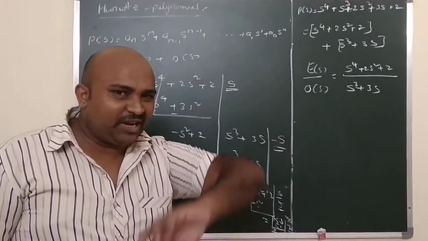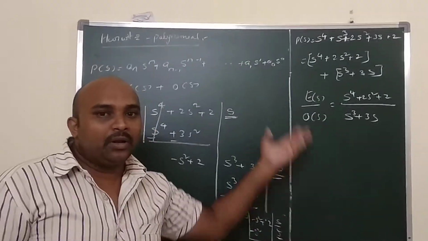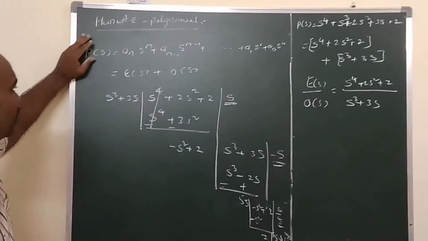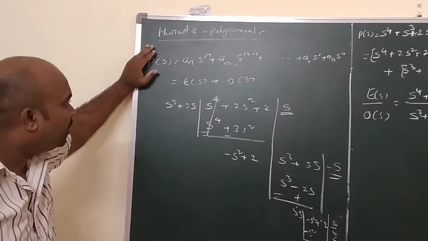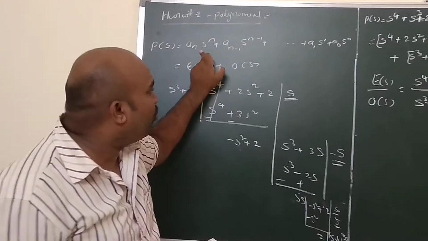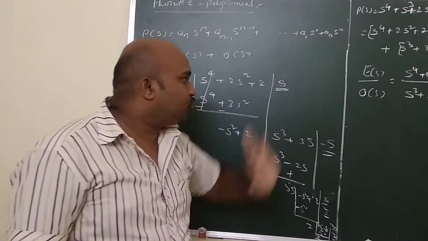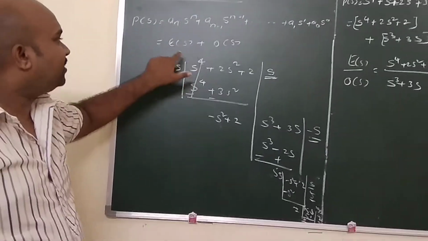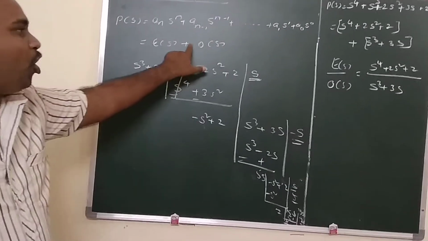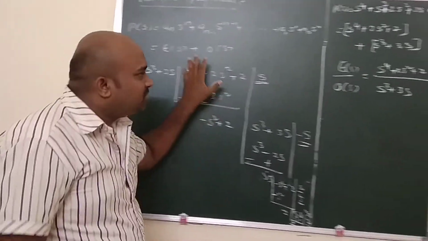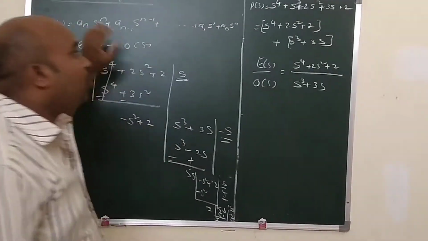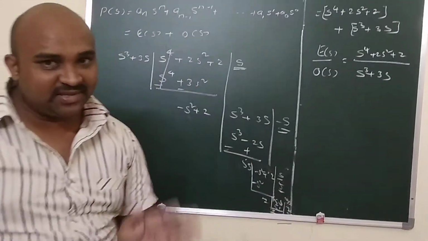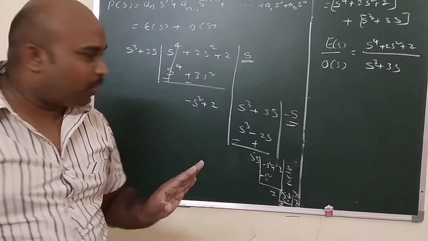Now we understand. Again, I will recall the Hurwitz polynomial properties. First property: if the polynomial is a Hurwitz polynomial, all the coefficients of the s terms will be positive. Second property: we can divide this as an even polynomial of s and an odd polynomial of s, and the roots must lie on the imaginary axis or at 0, no problem at all.